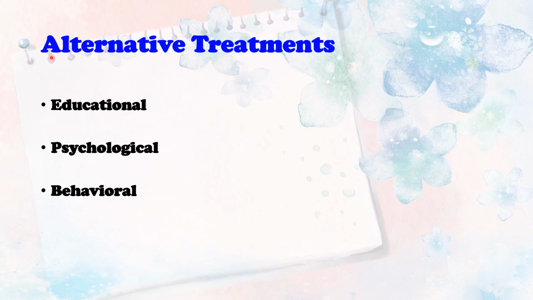There are various alternative treatments for ASD as well, such as educational, psychological, and behavioral. While talking about educational treatment, it is worth mentioning that parents should be educated first. Autistic students should be sent to special education schools as they need more attention.